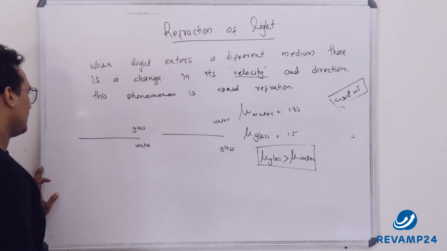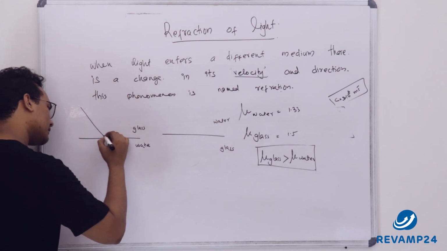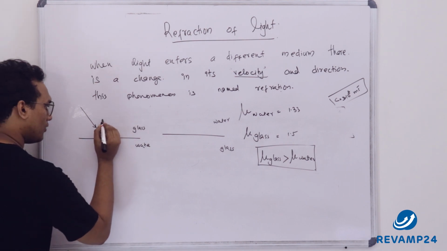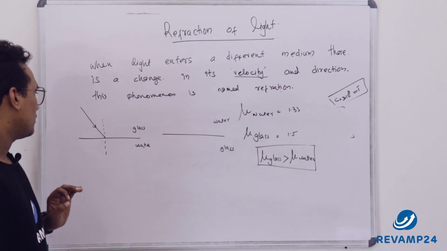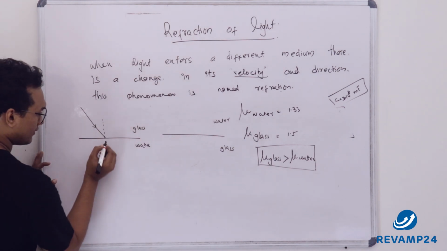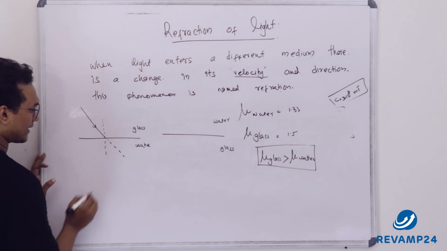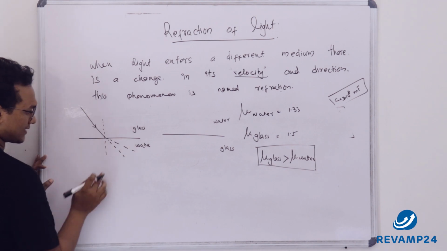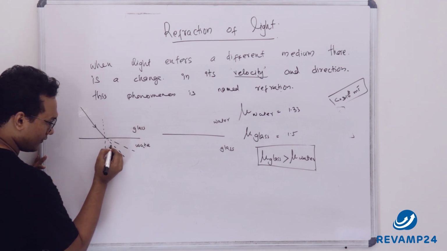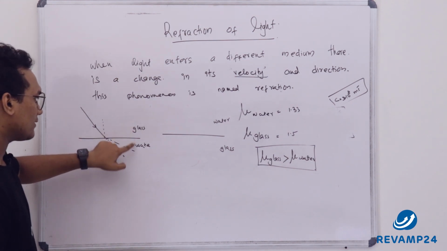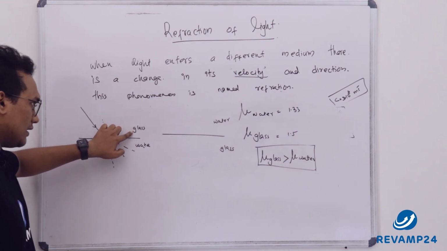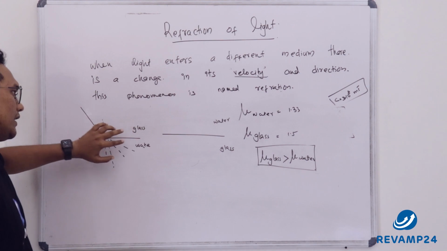Okay, now an incident ray is coming in this direction. Now this is the normal. What will happen to the ray? Actually it was supposed to go in this direction. Would it bend in this direction, that is away from the normal, or towards the normal? Compare these two values of refractive index.